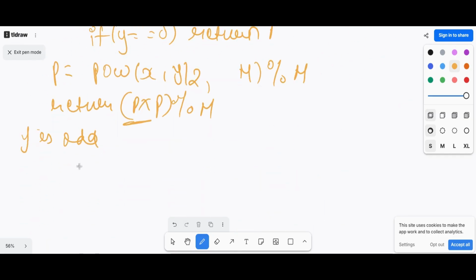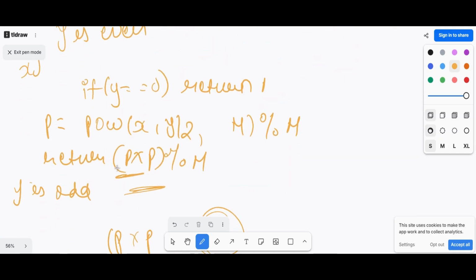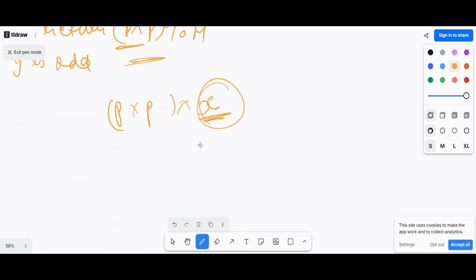So if y is odd, I will do the same thing, p into p, but multiply by x also. One time I have to multiply this x, since x raised to y by 2 and x raised to y by 2 will be done, but one x is separated, so I have to multiply it separately.